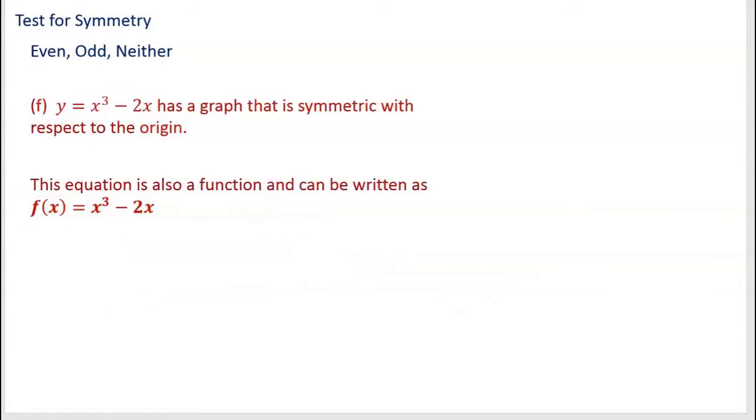So for our next equation, let's take a look at y equals x to the third minus 2x. Now it turns out this particular equation has origin symmetry. How do you check for origin symmetry? Remember, you substitute in negative x for x and negative y for y. And let's do that real quick just to check it. So you'd have negative y is equal to negative x to the third minus 2 times negative x.